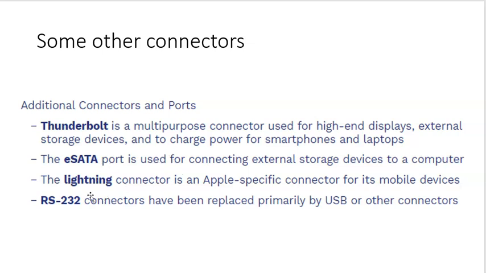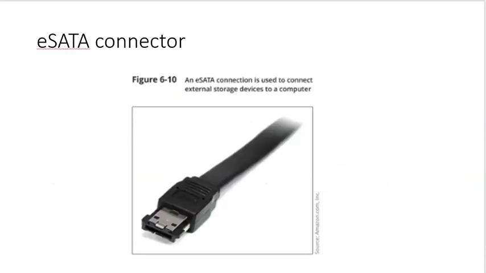And RS-232s, you're probably not going to see too many of those in the future. Computers that are being produced now do not have RS-232 connectors. So if you've got an old legacy device like a plotter or a printer that uses an RS-232, then you're probably going to have to buy a specialized adapter so that you can still use it. And they do exist.